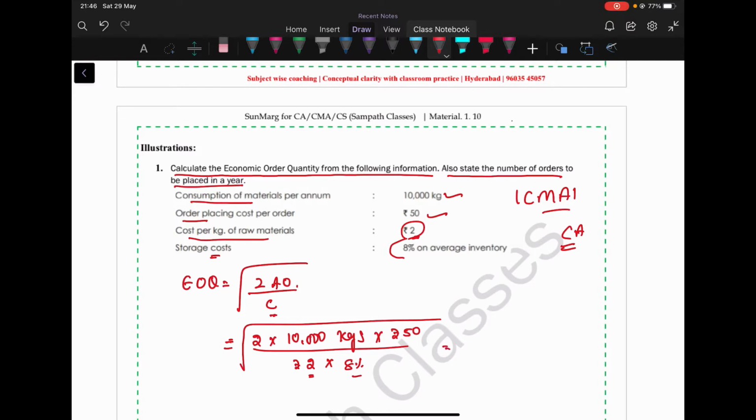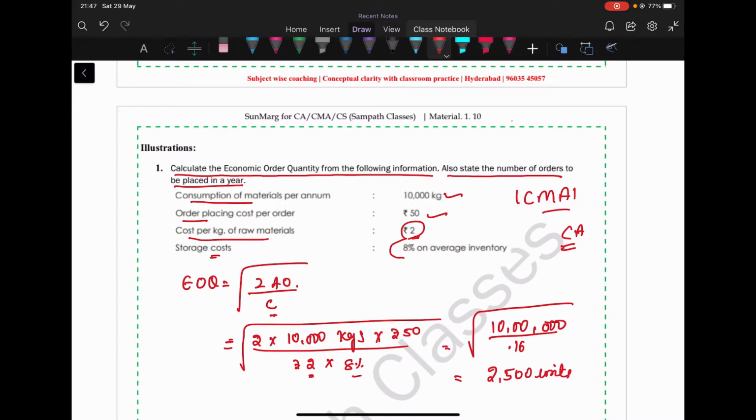So this one, 2 into 10,000 into 50, that is 10 lakhs rupees, divided by 2 into 8%, 0.16, under root 10 lakhs divided by 0.16, that is totally 2,500 units is the right answer. That is the EOQ. But he is asking something else.